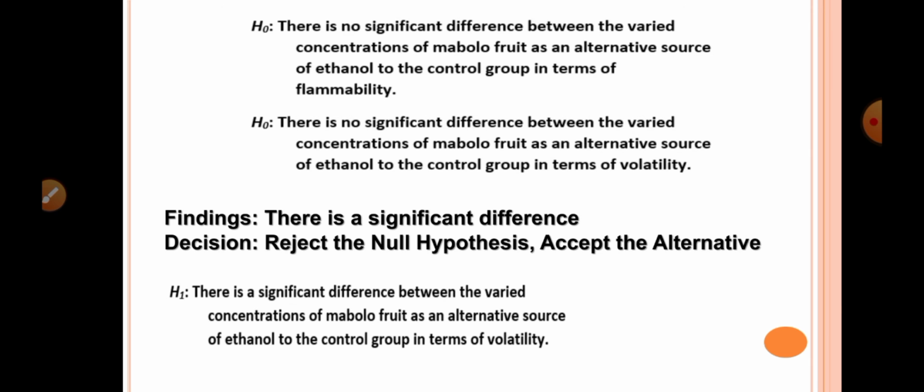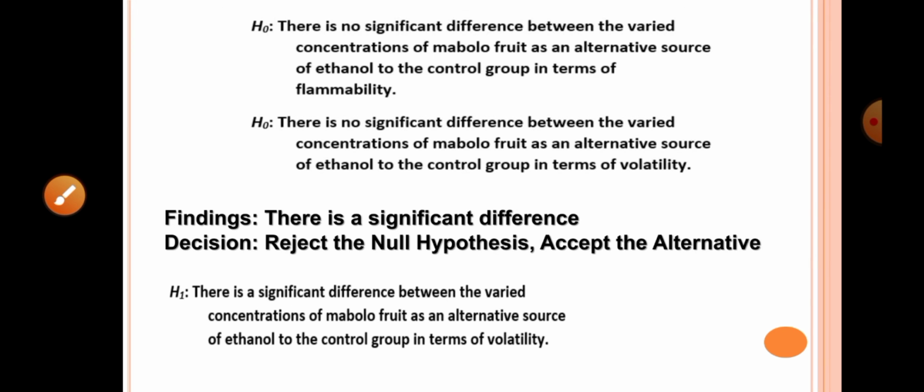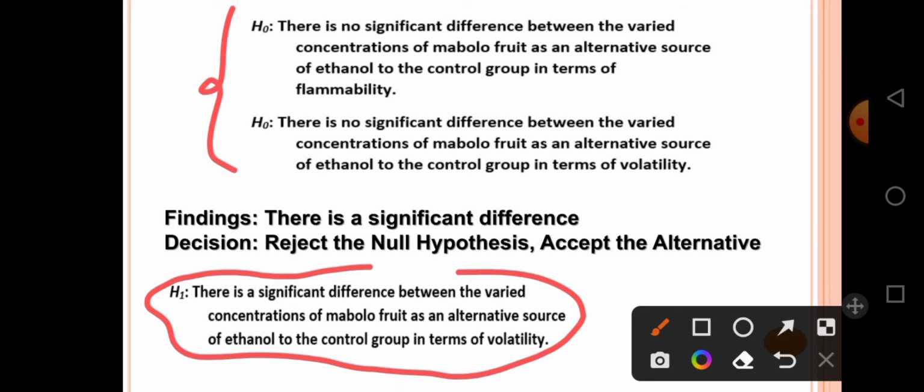So, take note, class, here. We have H sub 1. So H sub 1 is the symbol for alternative hypothesis. However, class, we stated that we only write the null hypothesis after the statement of the problem. Therefore, where can we see the accepted alternative hypothesis if we reject the null hypothesis?